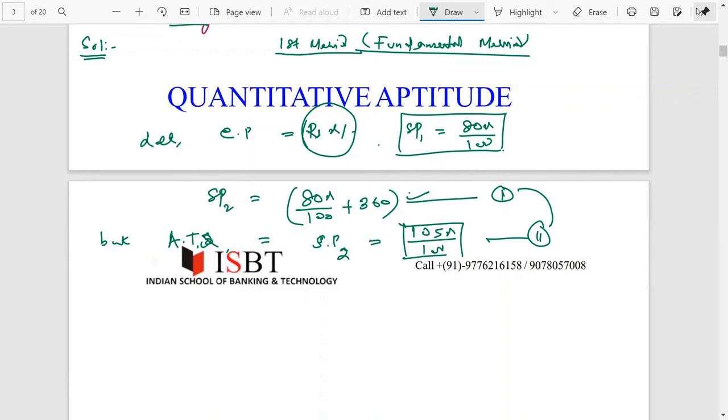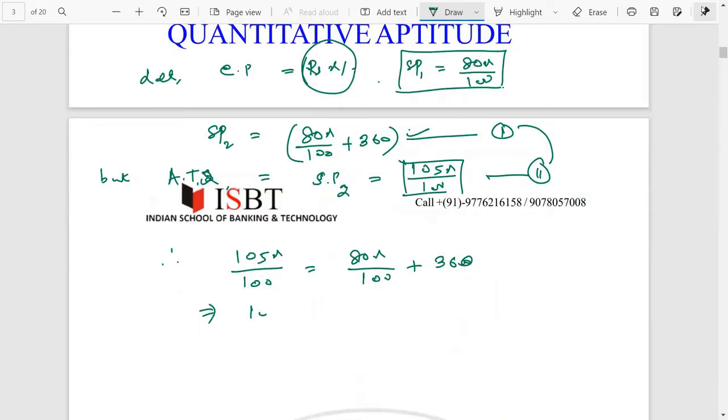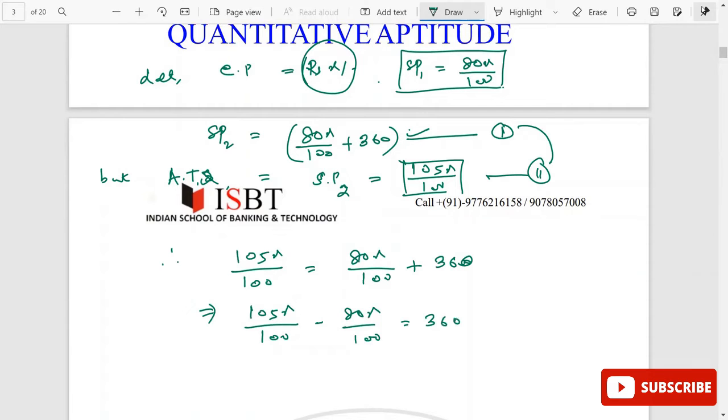So the equation is 105x by 100 is equal to 80x by 100 plus 360. So 105x by 100 minus 80x by 100 is equal to 360.